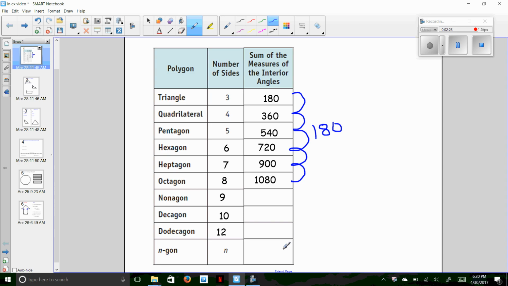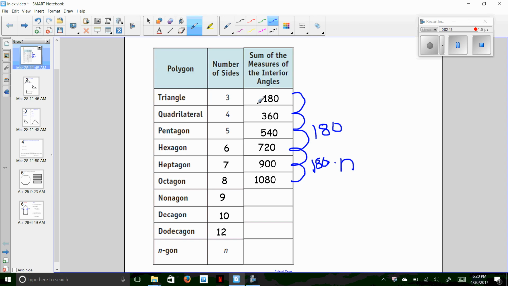So for this section, we are going to use a formula. In all of our formulas here, n is always the number of sides. As you can see, as the number of sides goes up, we are adding 180. So it's kind of 180 times n. But there's a problem.